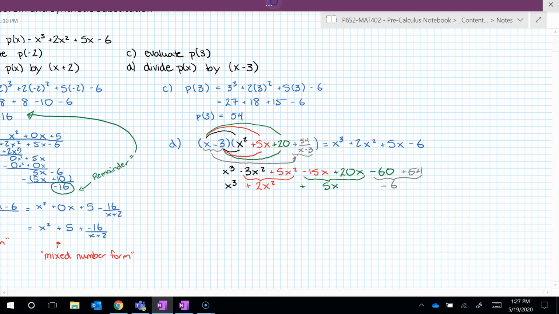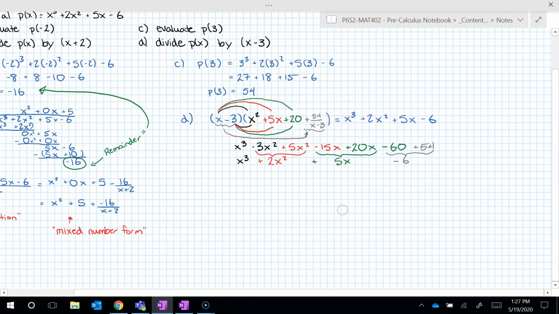So what this is telling me, I know that x cubed plus 2x squared plus 5x minus 6, if I were to divide that by x minus 3, I will get x squared plus 5x plus 20 plus 54 over x minus 3.